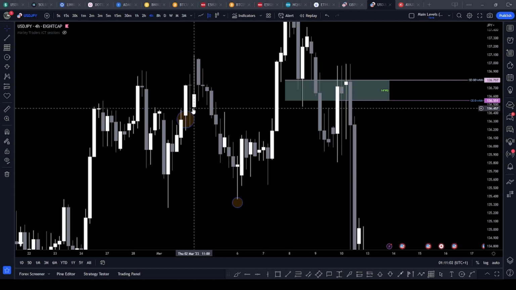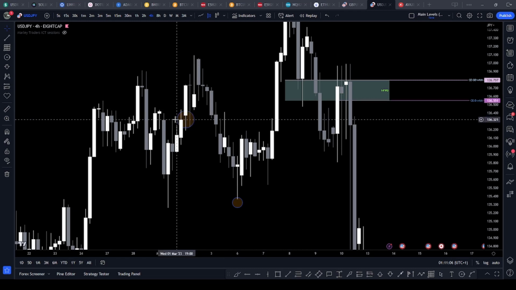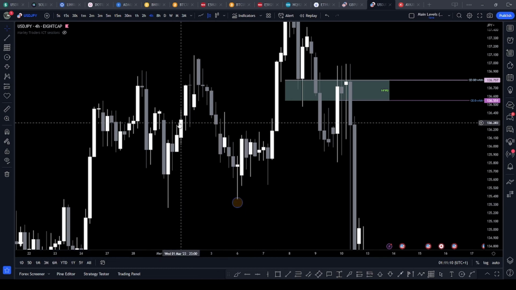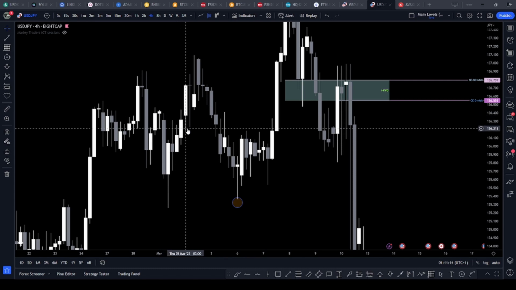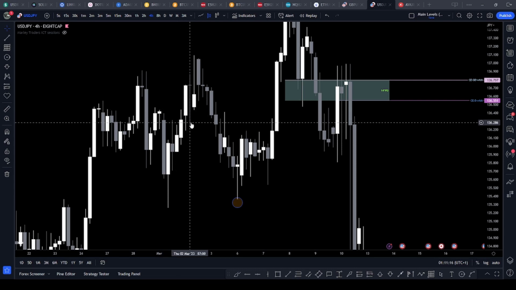So again, this is another example. If you measure this and this, and then you have the consequent encroachment, or rather, sorry, the implied fair value gap right there.